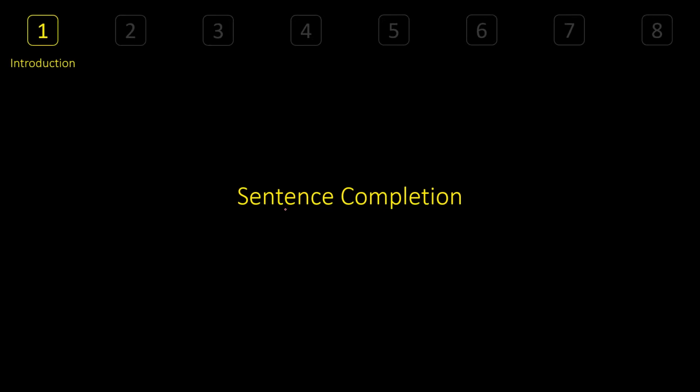Now in this question type, which is sentence completion, you will be looking at a single sentence with a blank. Before this, we have seen table completion, form completion, flowchart completion, and summary completion. None of them had single, non-related sentences with a blank.